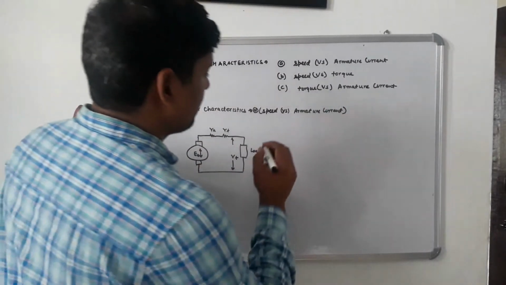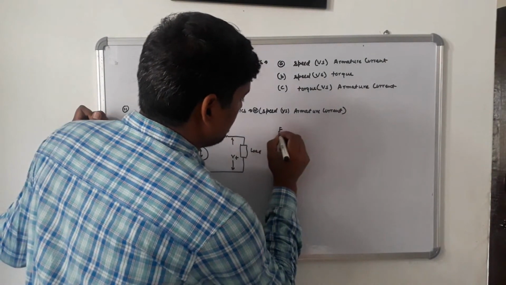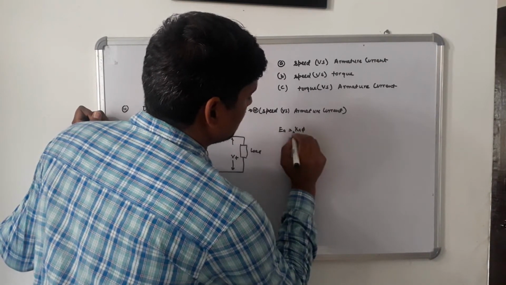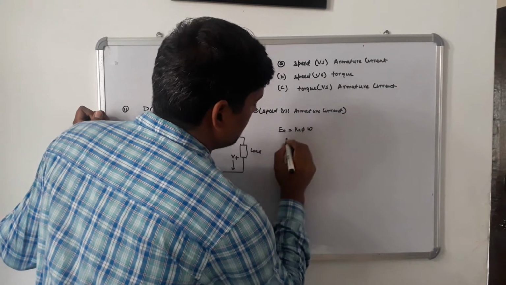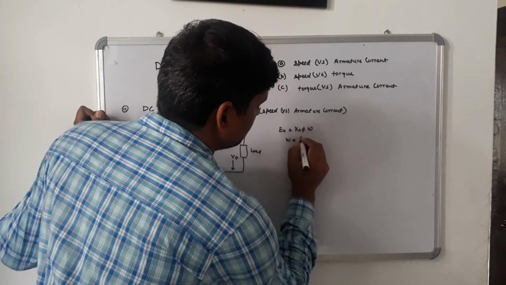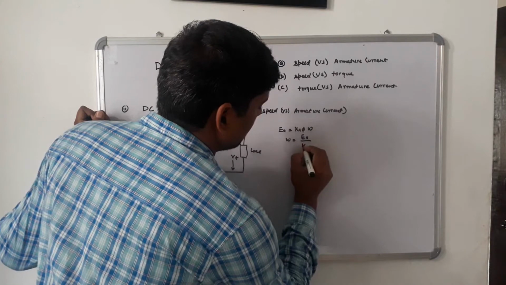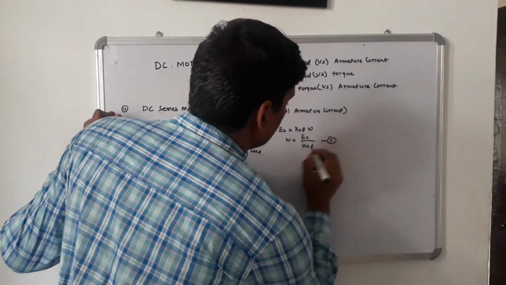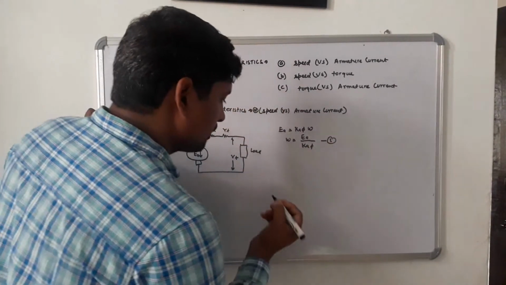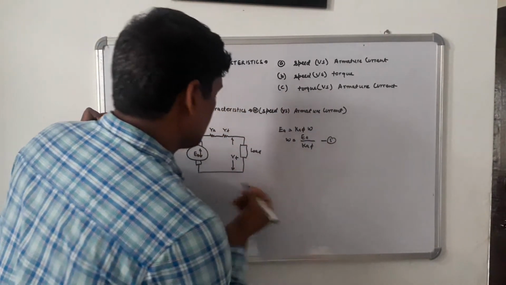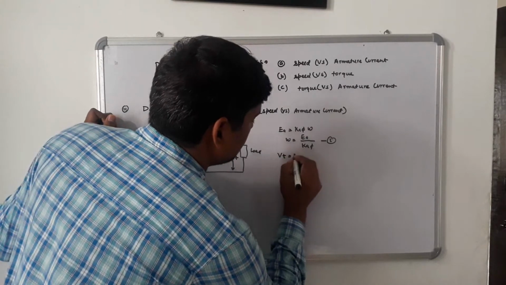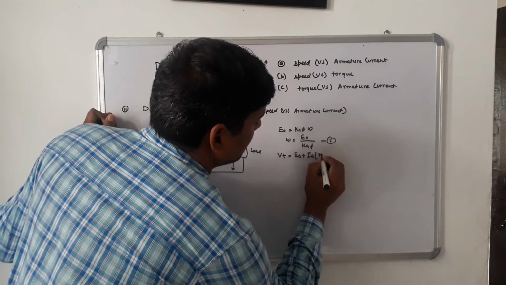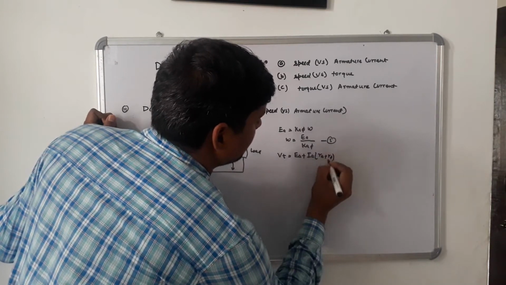Then the generated EMF EA is equal to Ka phi omega, where omega is equal to EA by Ka phi. This is equation number 1, and the terminal voltage VT is equal to EA plus IA (RA plus RF).